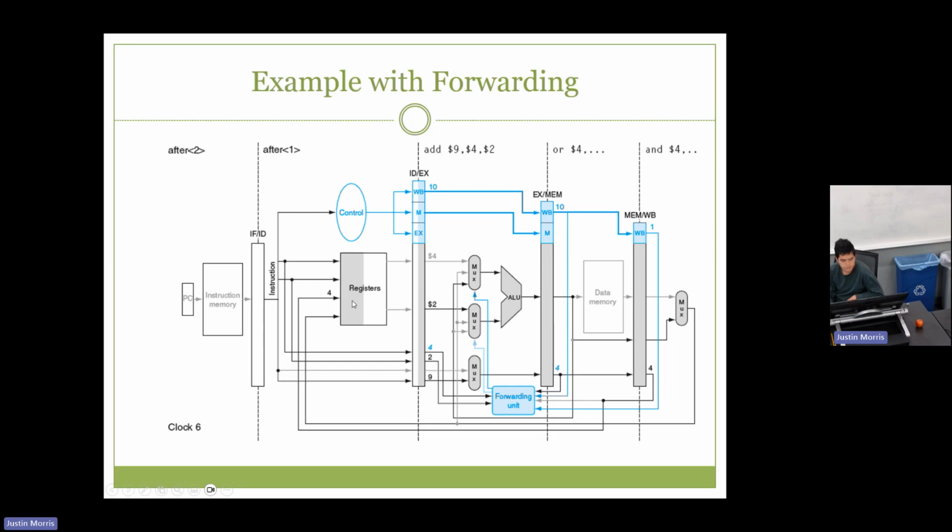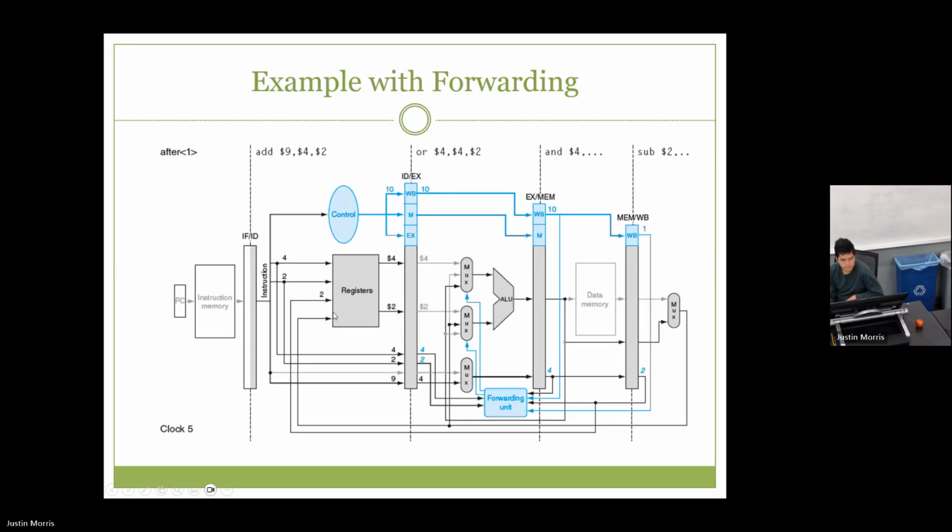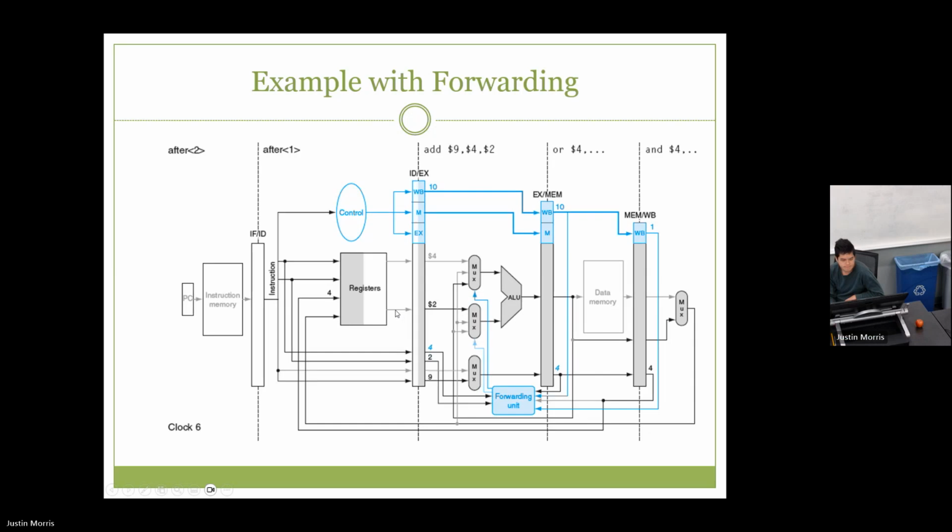So the value in the previous cycle, right here, is the right data. So rather than giving it the old value from the register file, it just forwards right through here, right? So that's why we don't need to forward for register 2 down here. But we still need to forward register 4. Okay?